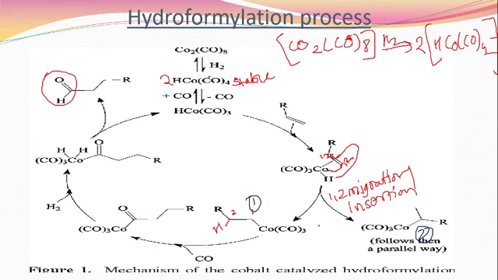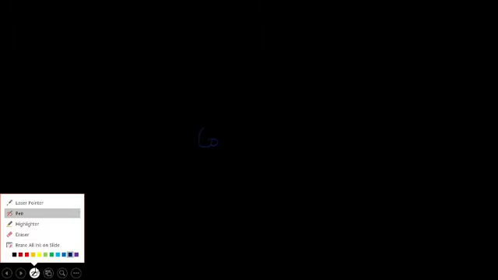We get it like this after the 1,2 migratory insertion. Then after that we add the carbonyl, and this carbonyl is directly inserted into this compound. That means this is our product. It is like this: this is CH2 and this is CH2R.